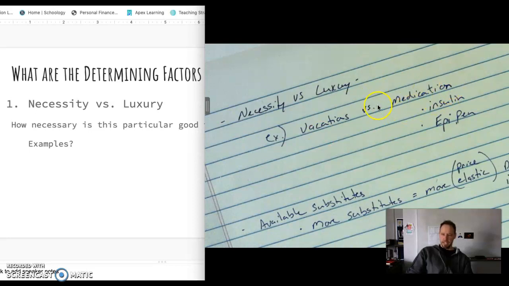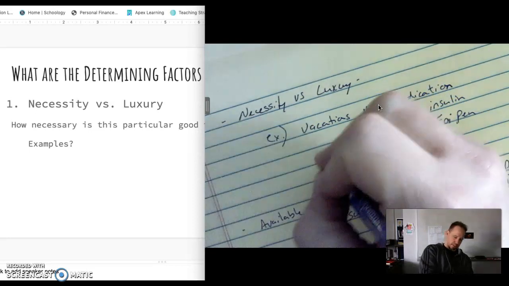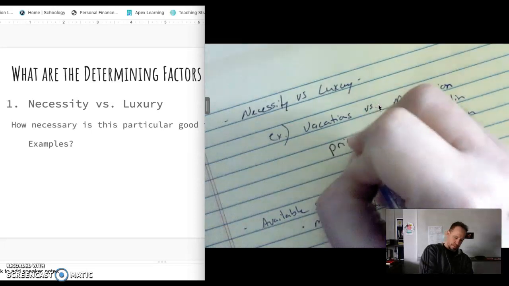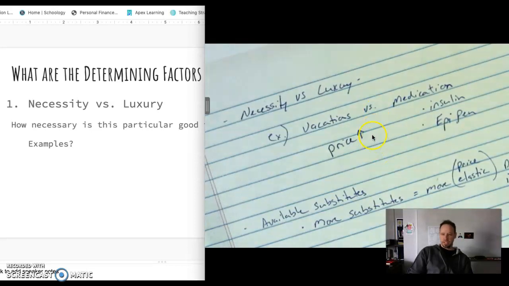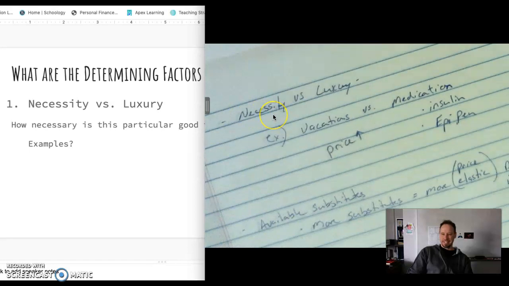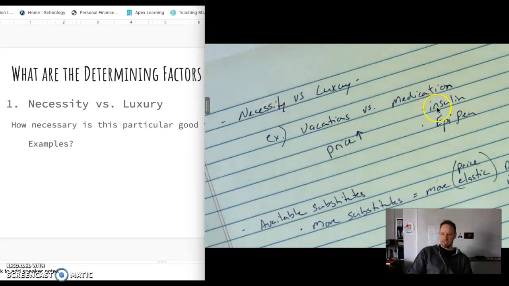However, medication, again, we're talking about a price increase in this situation. If prices increase on a necessary medication, like insulin for a diabetic or an EpiPen for somebody with an allergy, demand is not really going to change just because of the sheer necessity that these goods have.